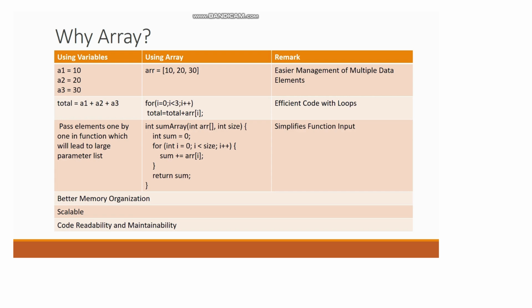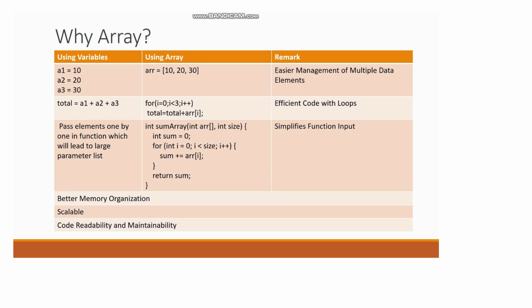When I want to pass more than 15, 10 or maximum values, in that case also it is not feasible to write each and every argument separately. For that also, you have a better option, that is nothing but array. So it gives you better memory organization. It is scalable, that means we can extend the length of the array, and it gives code readability and maintainability.